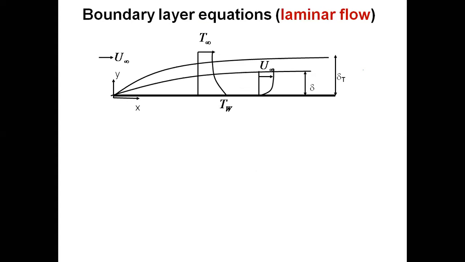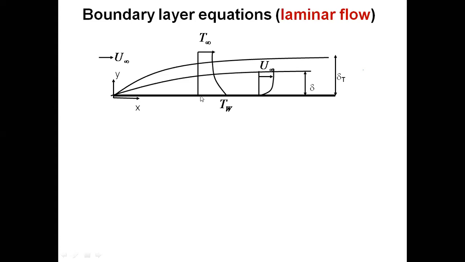The temperature of the bulk fluid is T infinity, and the velocity is u infinity. Within the thermal boundary layer, the temperature varies from Tw to T infinity. It goes on decreasing as you move away from the plate.